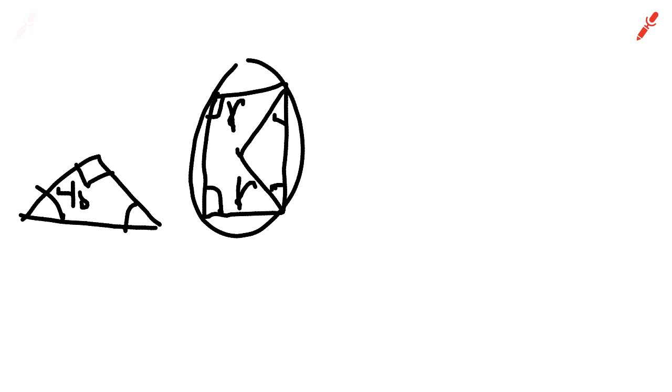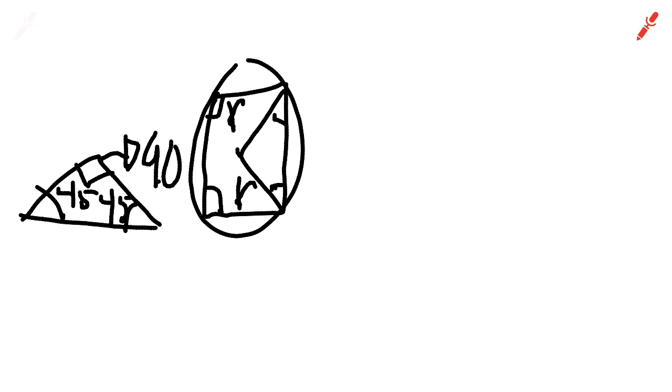Since there is a 90-degree angle in each corner of the rectangle, over here we'll have 45 degrees and 45 degrees. If we trace our triangle outside, it has 45 degrees here, 45 degrees here, and a 90-degree angle here, since the angles of a triangle total 180.